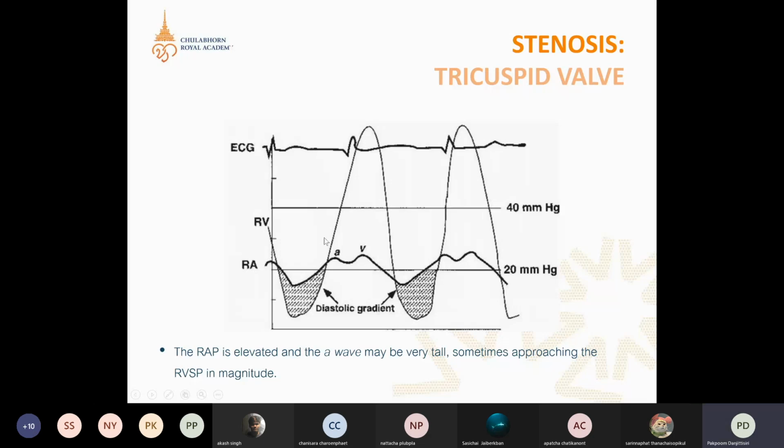And the same idea, you have to focus on the diastolic gradient, or the diastolic phase, over here. You see the gradient over here. Okay, this is an example of the tracing showing you the tricuspid valve stenosis.